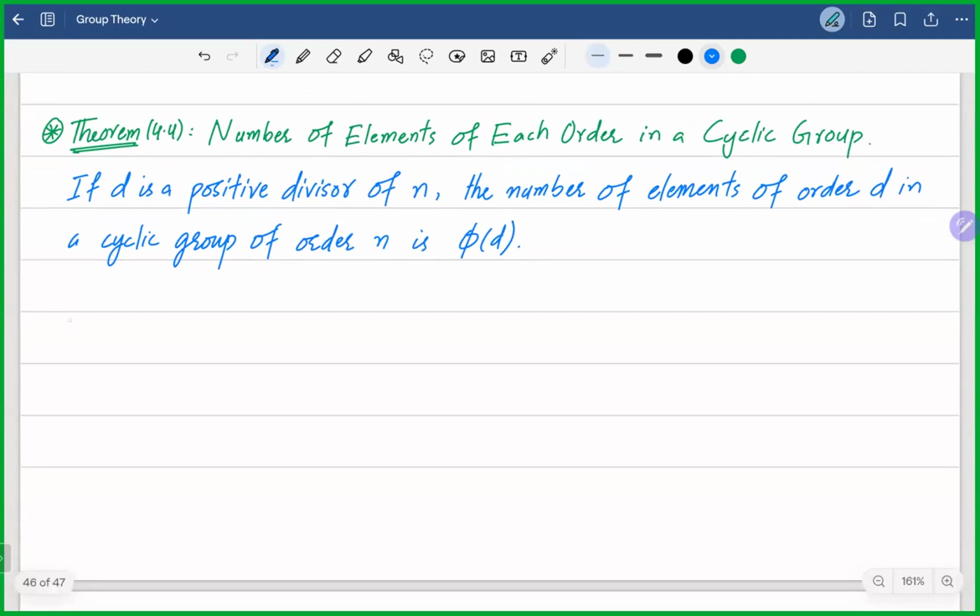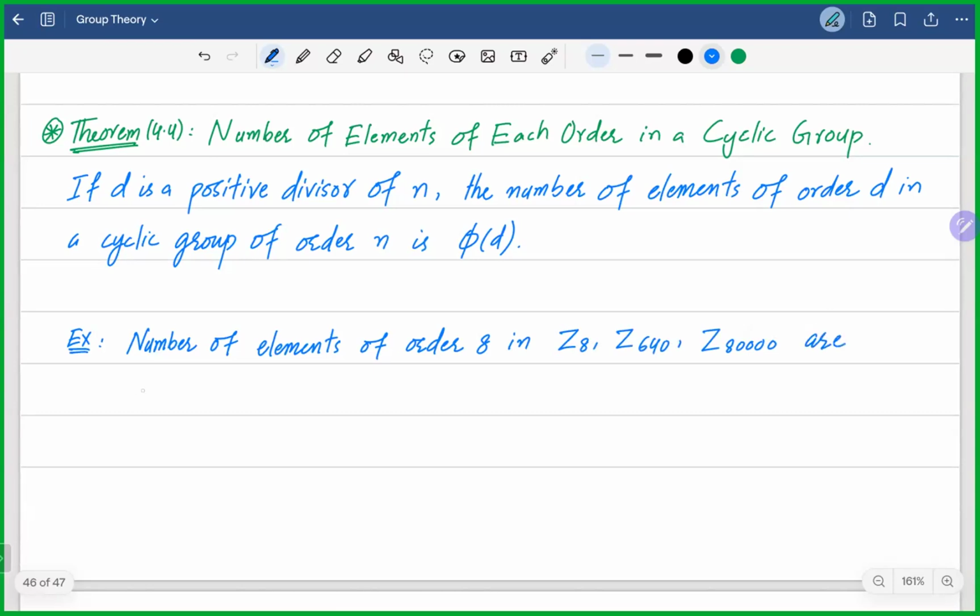So, for example, let's say we want to find the number of elements of order 8 in Z80,000. The number is nothing but phi of 8, which is 4.